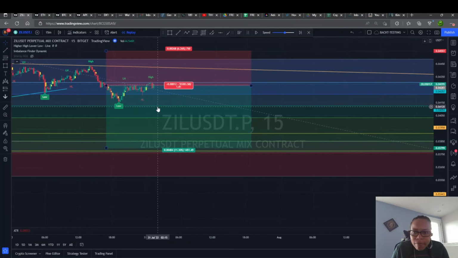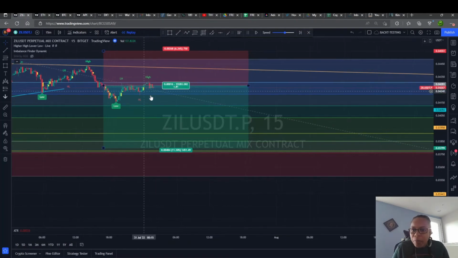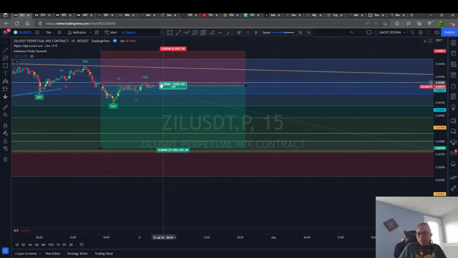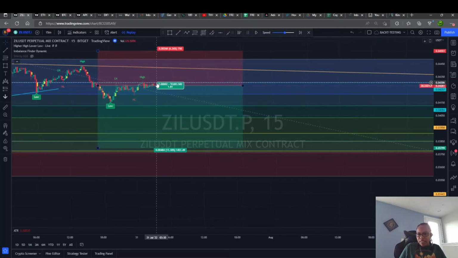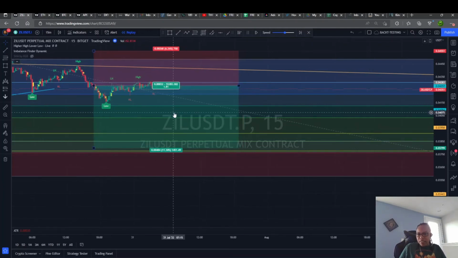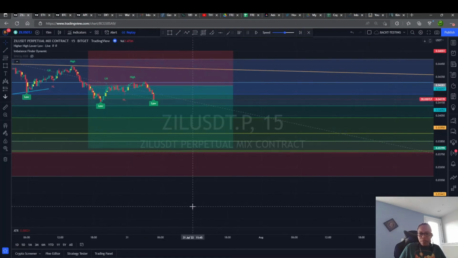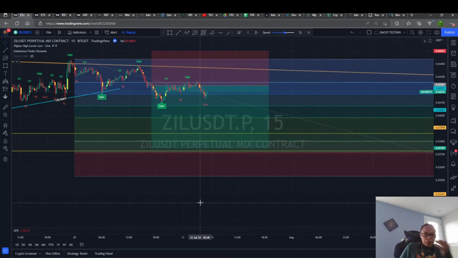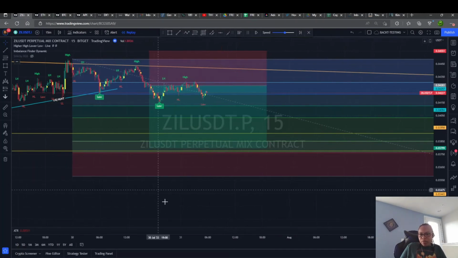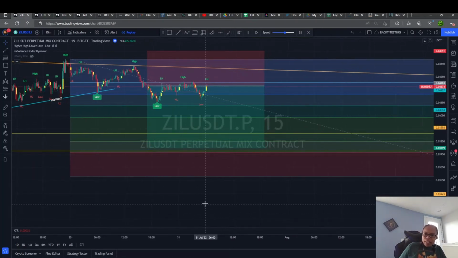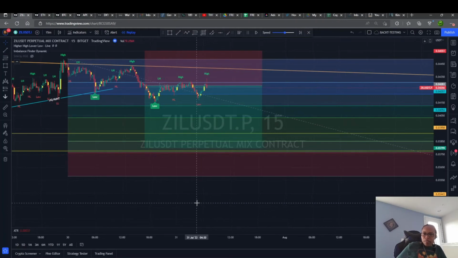We made a higher low, but I don't know, it's thinking. We're still in this trade though. We gotta let it roll. All right, made a low. That's on the 15.